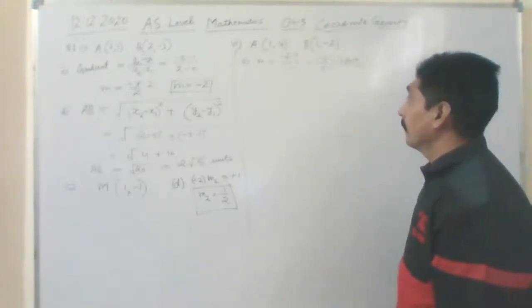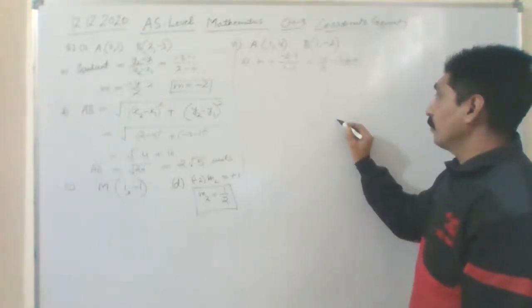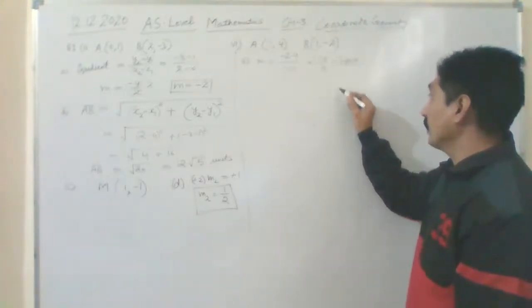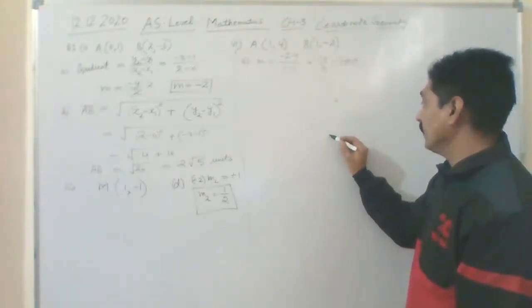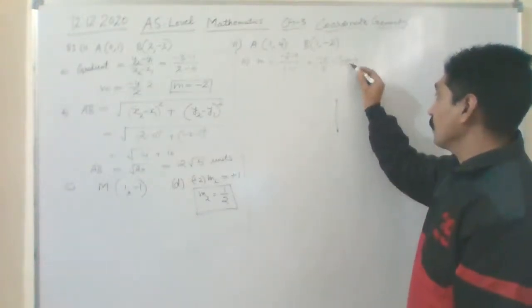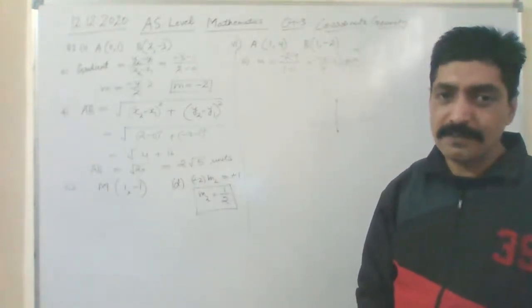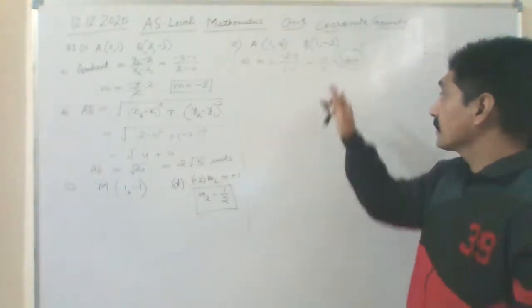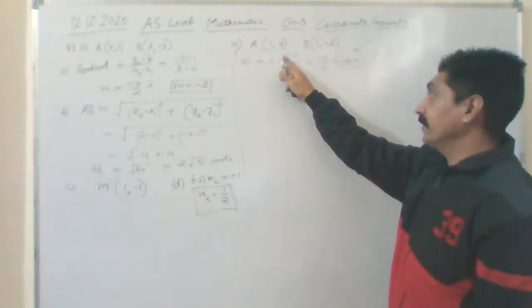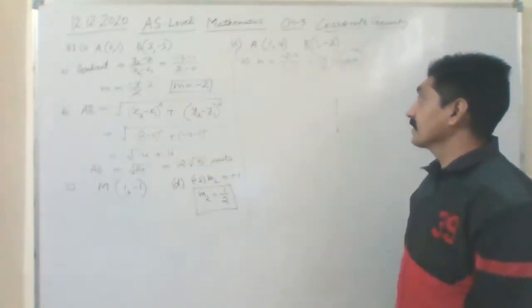If we plot the points, one point is (1, 4), this is 1 and this is 4 here, and another point is again 1 and minus 2, (1, -2). So the slope of the line is infinite, because y2 minus y1, minus 2 minus 4, is minus 6, and x2 minus x1, 1 minus 1, is 0 here.